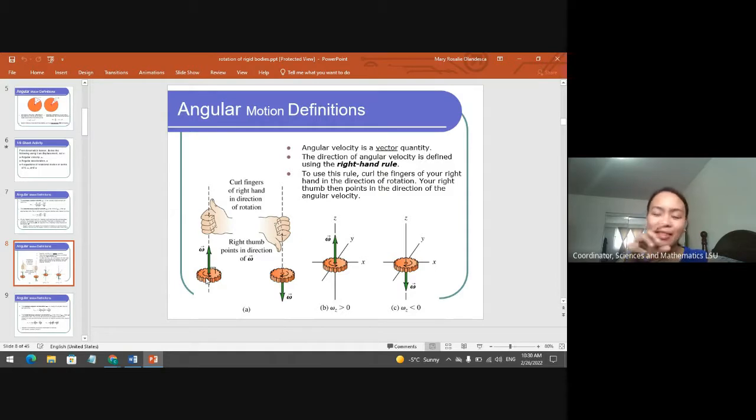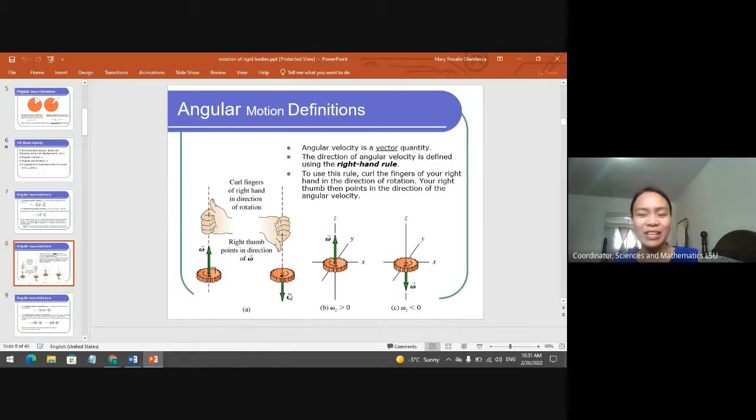Now, if we go in the opposite direction of motion for our disc, just take a look at the arrow here. So we curl our fingers again, so our fingers are going in this direction. Can you see it? Like that. So our thumb is pointing downward, so our angular velocity is going downwards.